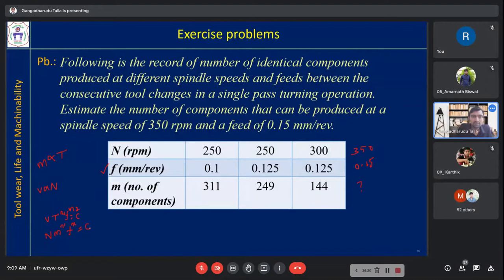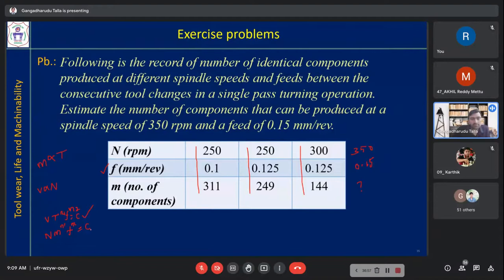Understand? So now using this equation, you substitute these three sets, 1, 2, 3, and find out n1, n2, and C. Do this. So this is the original Taylor tool life equation.